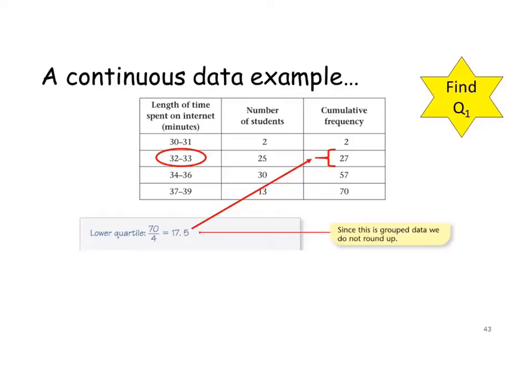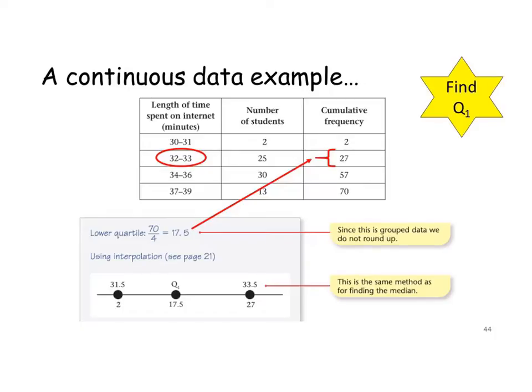Now, this is continuous data, so this means we do need to use linear interpolation. So let's set up our diagram. Using our class boundaries, now we can see that there are gaps between our data classes, so that means we need to use the midpoints.